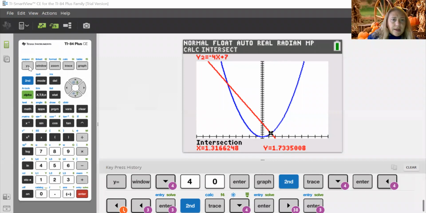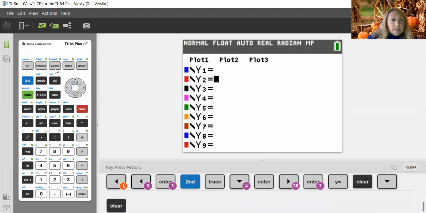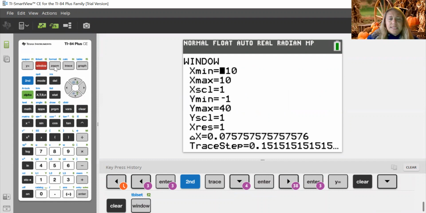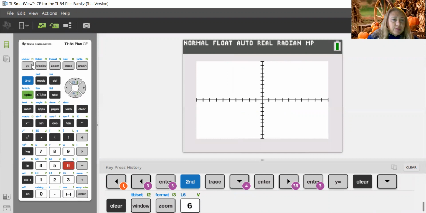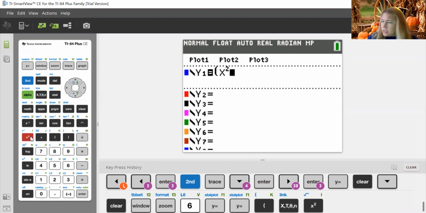Okay, so clear everything. And I'm going to put my window just back to a Zoom Standard, just as a starting place. All right, I may or may not want to adjust that. So under y equals, make sure you're using parentheses for the numerator and denominator, so you get that quotient that you want.